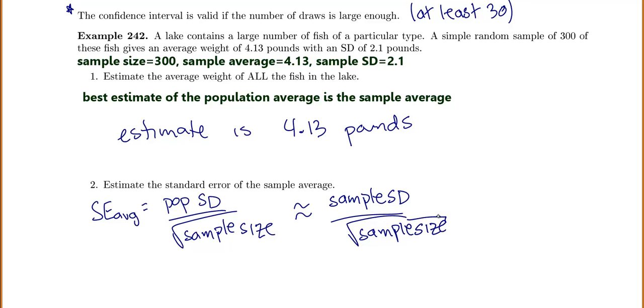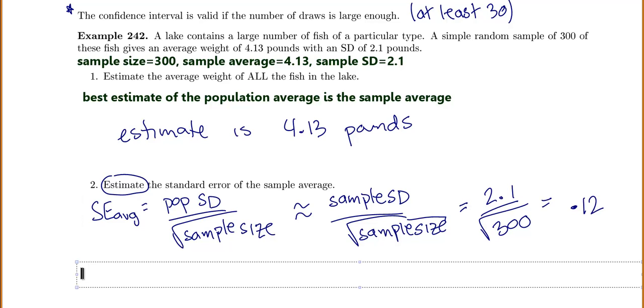So that's why in number 2 it said estimate the standard error of the sample average, because we don't know the true population standard deviation, we're just estimating it with the sample standard deviation. And then at this point the sample standard deviation was 2.1 divided by the square root of our sample size, which was 300. So this is going to give me 0.12.